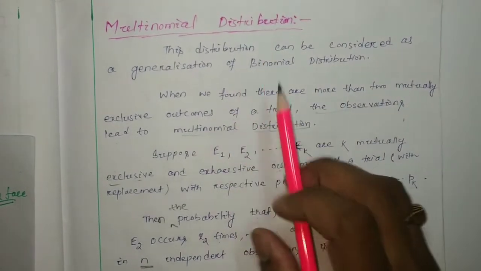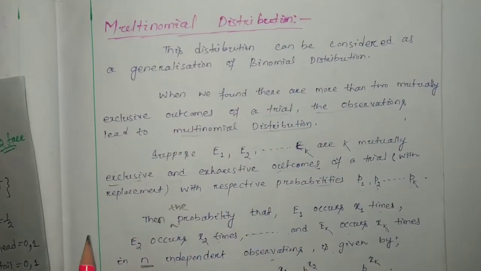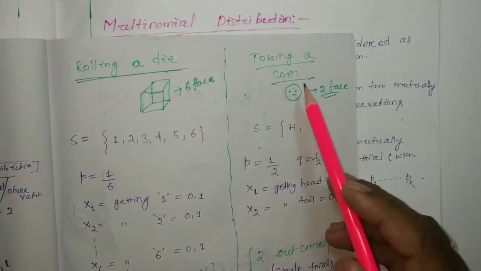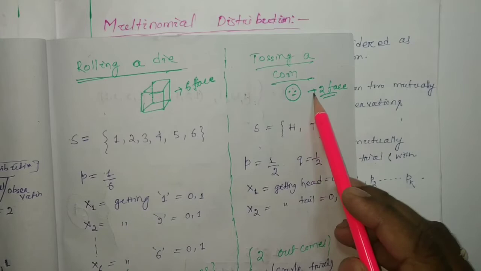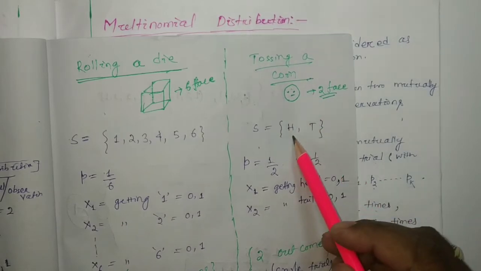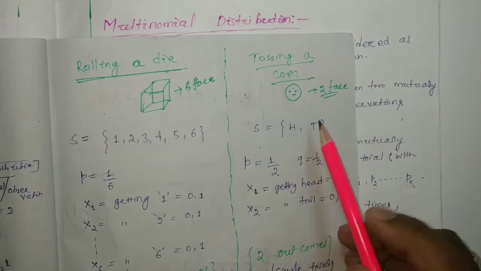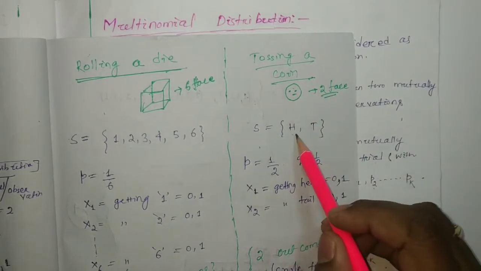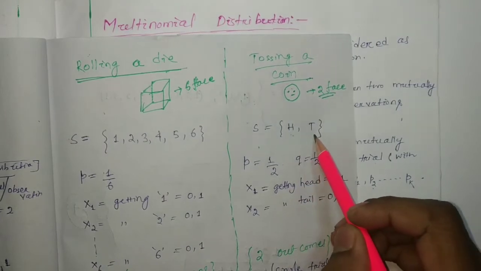Here I can show you a simple example. Toss a coin having two faces. What are the outcomes? Head or tail. Two outcomes: a single toss gives either head or tail.